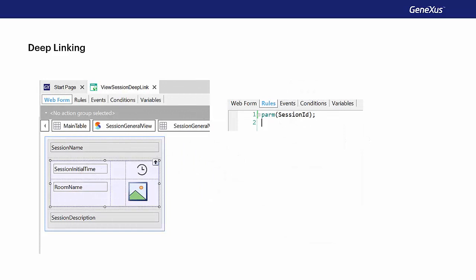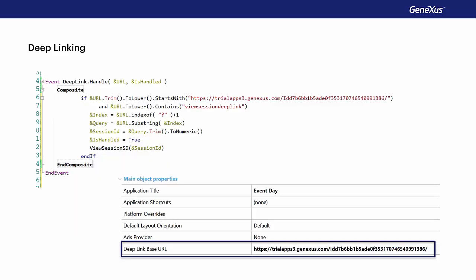To be able to use this feature, we need several things. First, we'll need a web panel, which will receive the session ID attribute in a parameter. Next, we'll have to program a special event in the main object of our app, which will use the deep link API, and also the handle event.